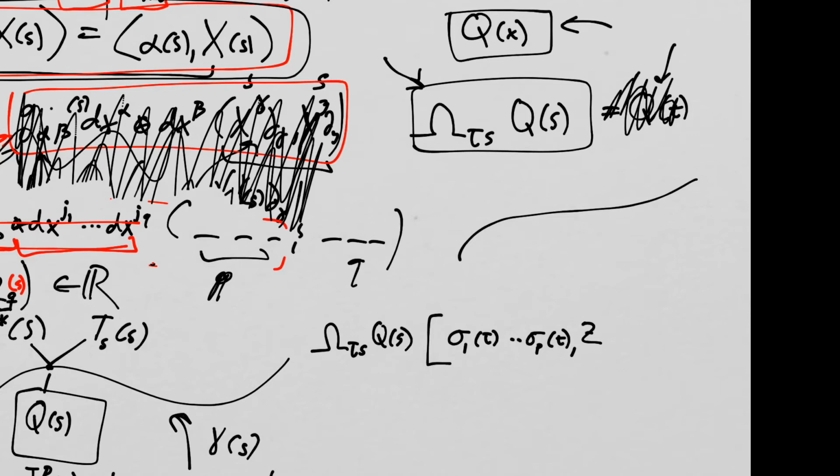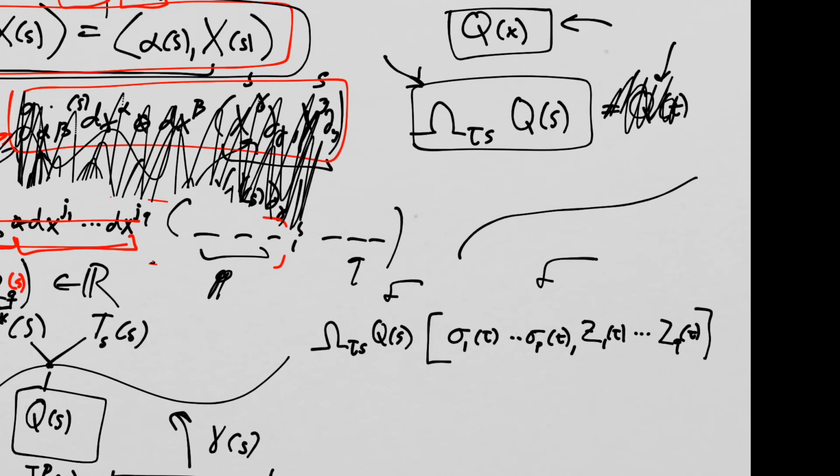Z1 at T to ZQ at T, right? So this is now a tensor at T that's autoparallel, or that's parallel to Q of S, and these are a bunch of covectors and vectors at T, and this guy here is going to be a real number, right?